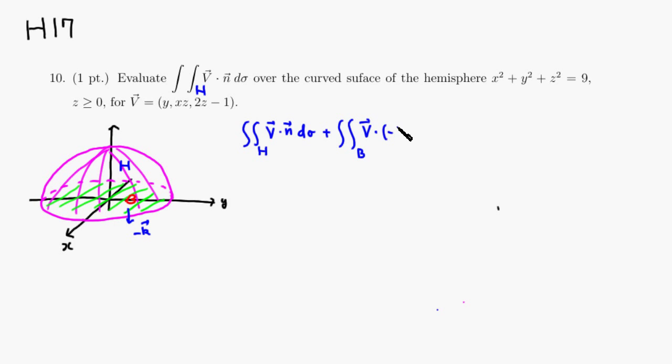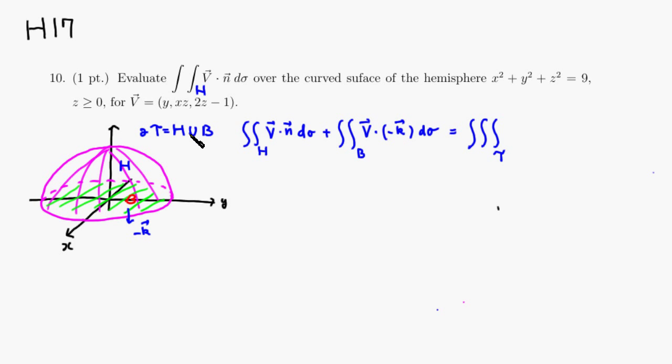So we can put the negative k there, d sigma. This is on the boundary. The inside of the half ball is a triple integral over the ball, which I'm going to call tau. The boundary of tau is the hemisphere combined with the base B.